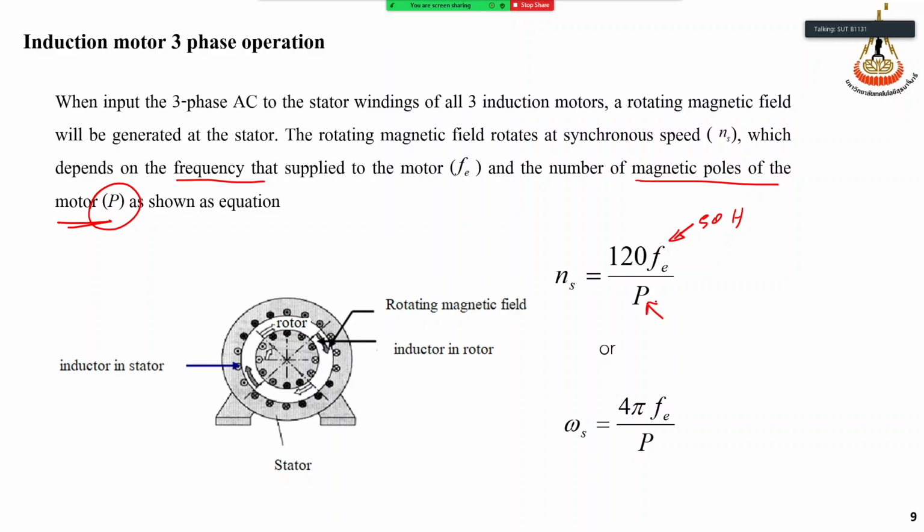This is the number of poles, and the number of poles is usually an even number, right? We can have 2 pole, 4 pole, 6 pole motors, right?